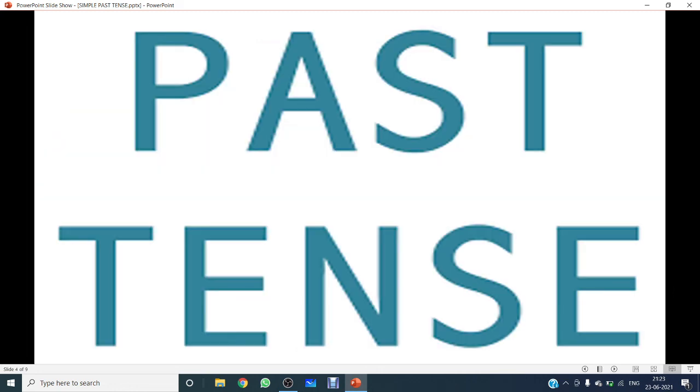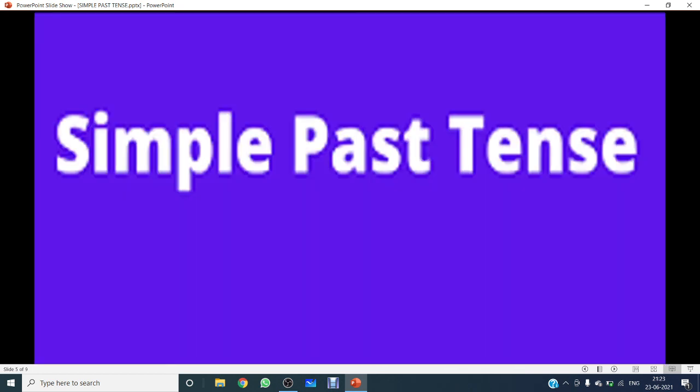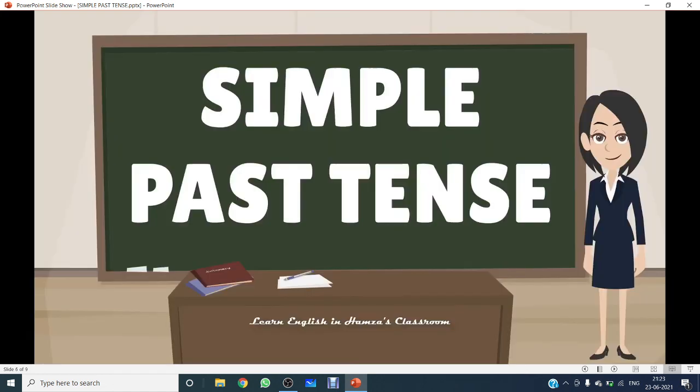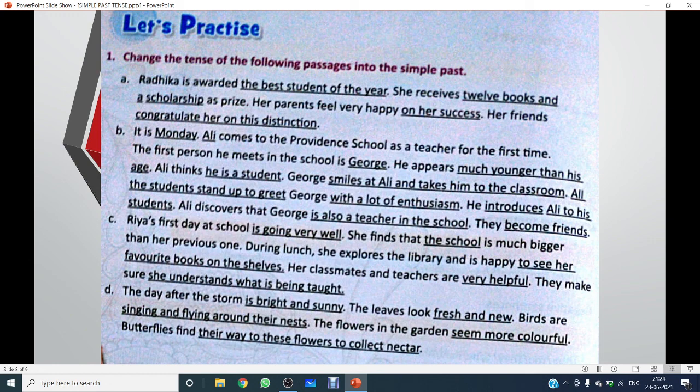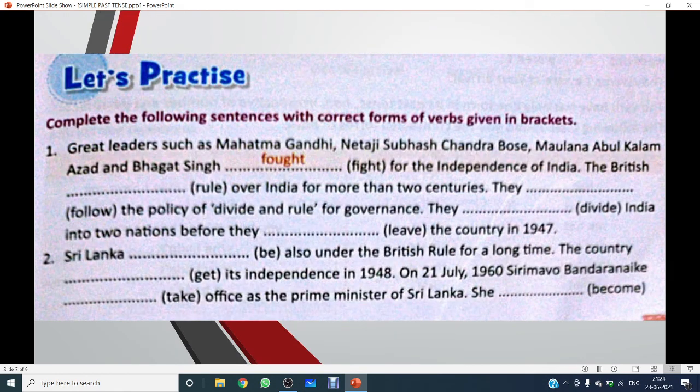What is past tense? What are we dealing with today in our chapter? The simple past tense, which is our main part of the chapter today. And here I have explained to you all with many sentences what is simple past tense. And then we have solved these two exercises for our classwork.